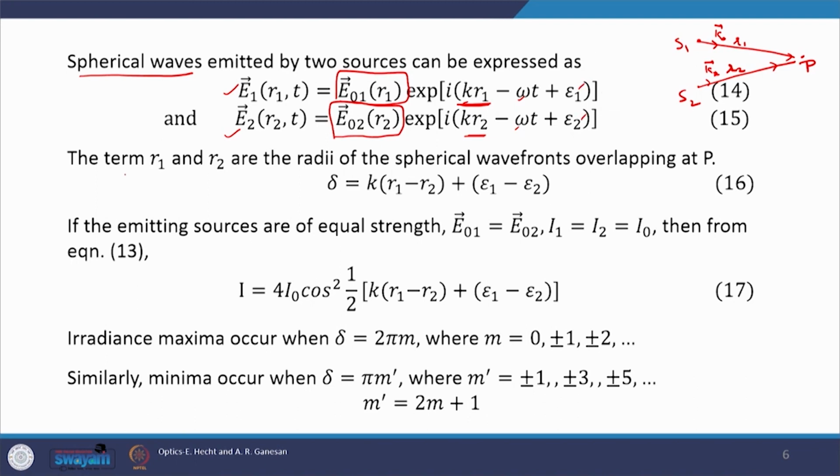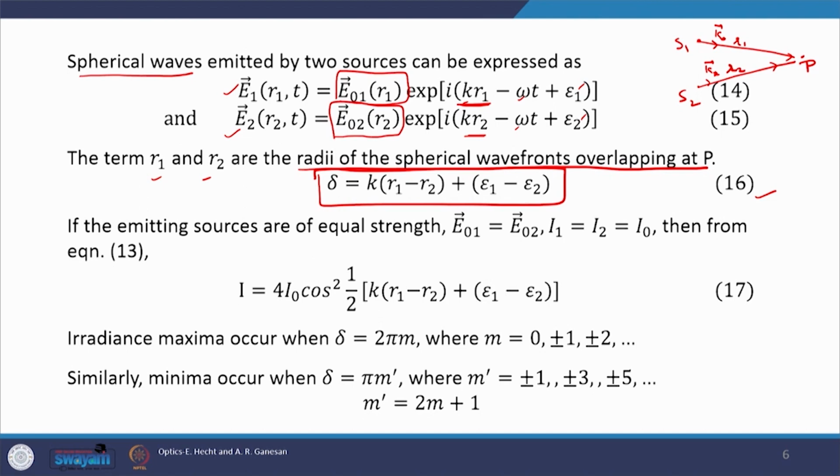Now, R1 and R2 are the radii of the spherical wave fronts overlapping at P, quite clear. Therefore, the resultant phase difference would now be written in this form: del is equal to k (R1 minus R2) plus epsilon 1 minus epsilon 2. Equation 16 represents the effective phase difference between the waves superimposing at point P.